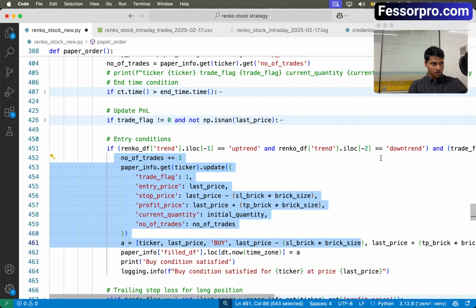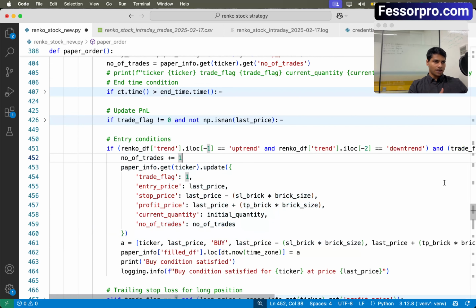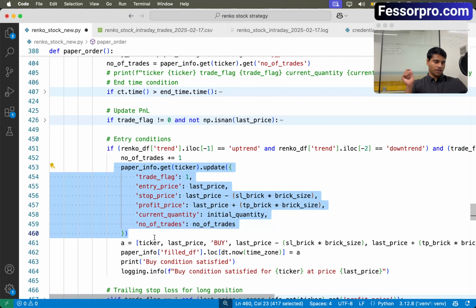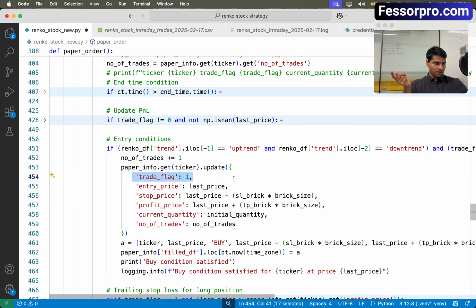Now, when I say take a position, what do I mean? It means first I have to increase the number of trades. I have to update the number of trades information, because initially when I started the strategy, my number of trades was 0. Now that I'm taking the first trade, I'll update the number of trades variable and I'll update the paper info variable. In paper info, what all things am I updating? I'm updating the trade flag. I'm updating the entry price. I'm updating the stop price.